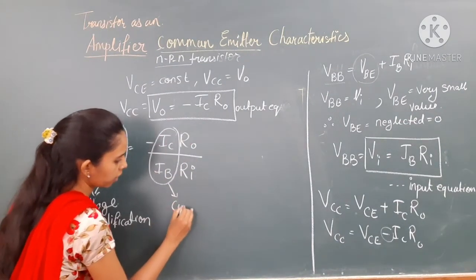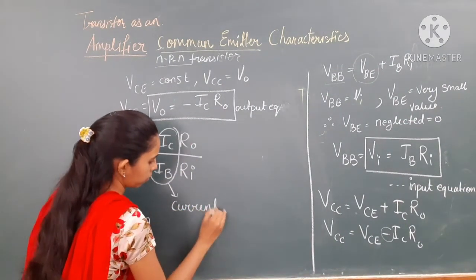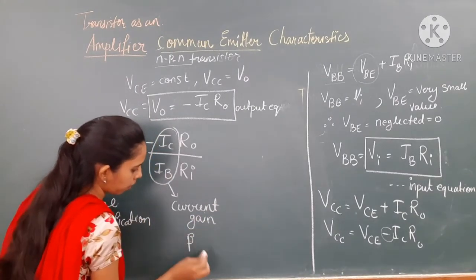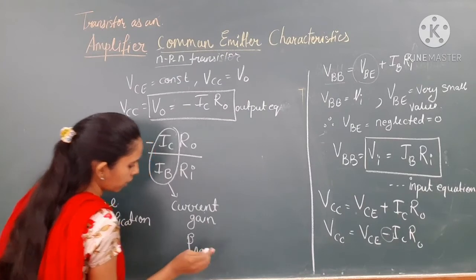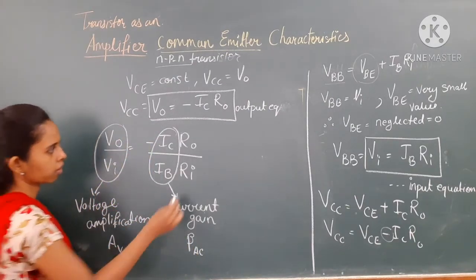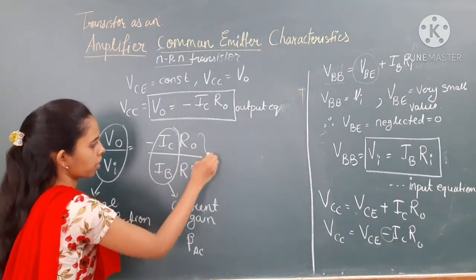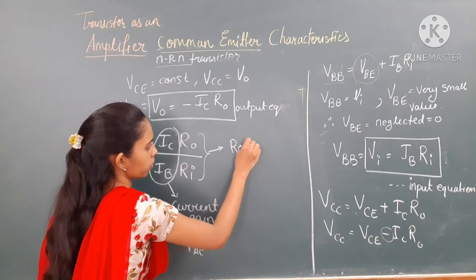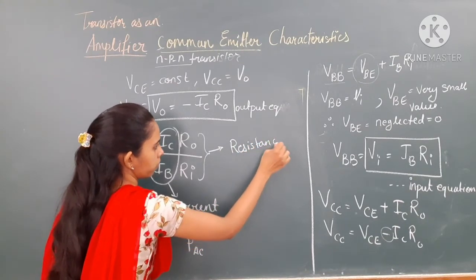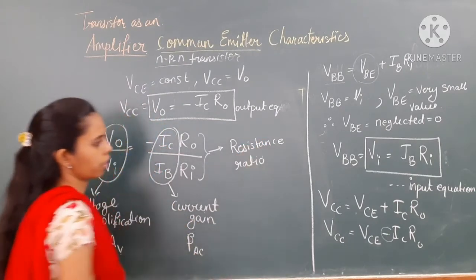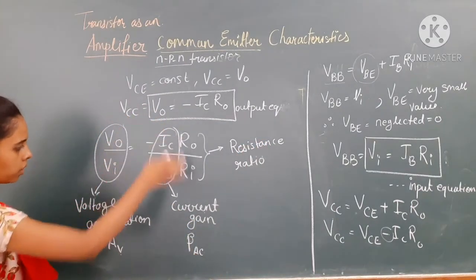It is the current gain, denoted by beta AC, meaning AC current. Now this resistor part is called as what? It is nothing but resistance ratio. So this is the part.